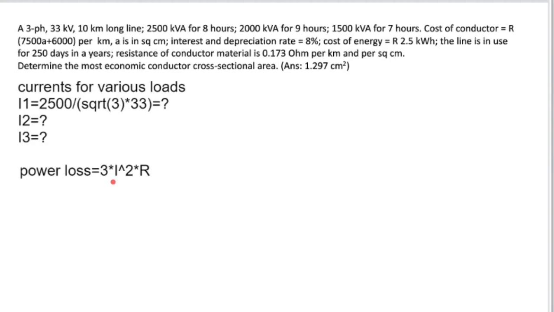So all those I's will go inside 1 bracket: 3 times each current squared, that is 43.73, 35, 26.24, those currents.